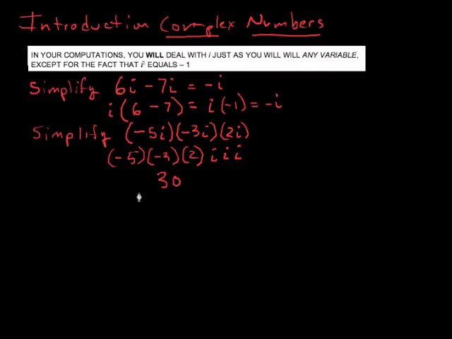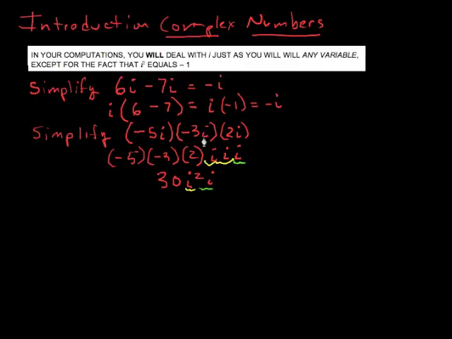We can look for patterns, but let's just group. Let's group these two, i times i. We're going to leave that as i squared, and then we still have this other i over there, right? So here's my i times i, which is i squared, and I'm still left with this i.